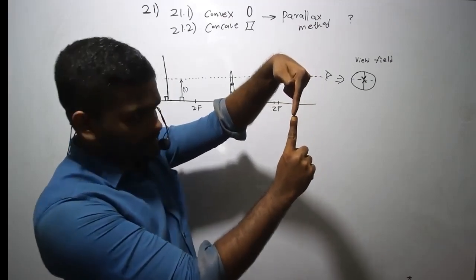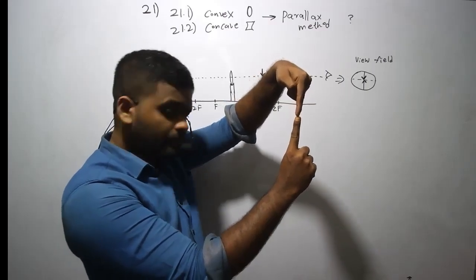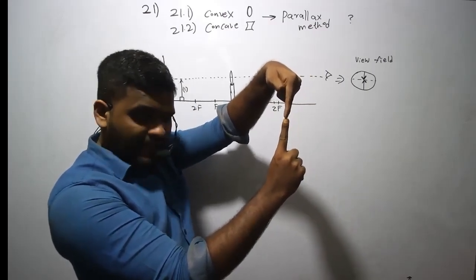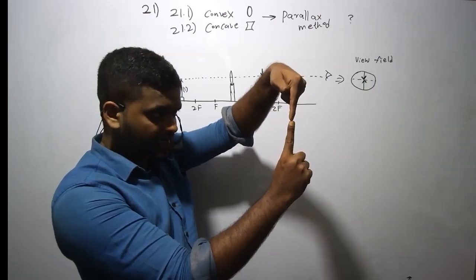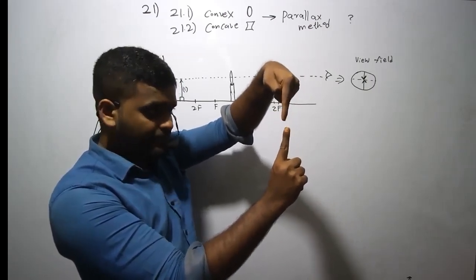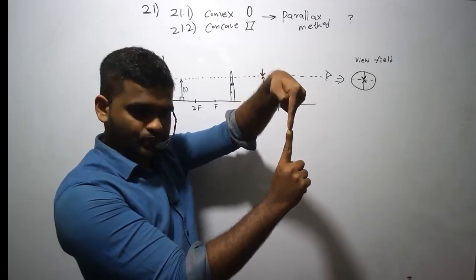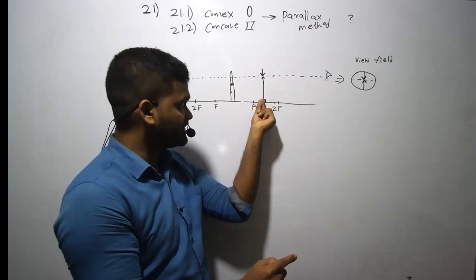You can slightly close one eye. You can slightly move your eye and observe whether there is a relative motion between these two. If there is no relative motion between these two, then they coincide. So that is the position we need to find.